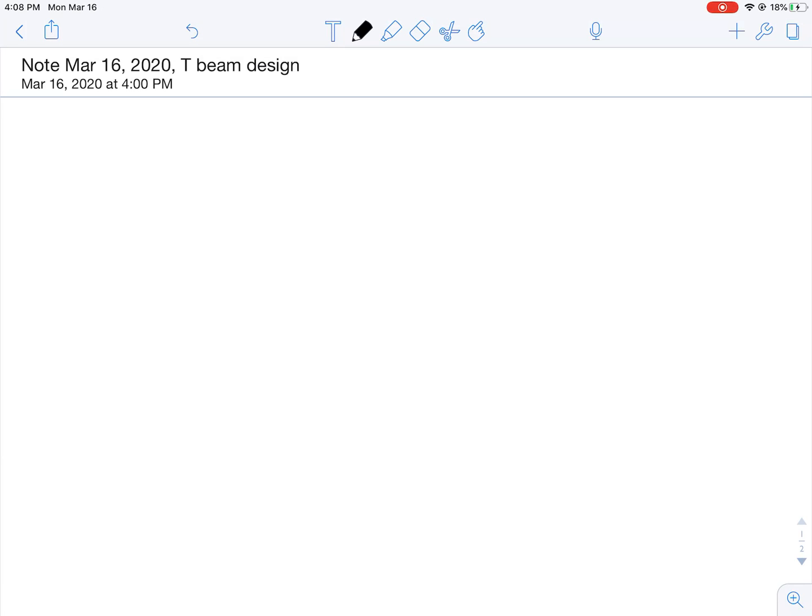First of all, let's go over some learning objectives. We will be able to determine the effective beam width BE.